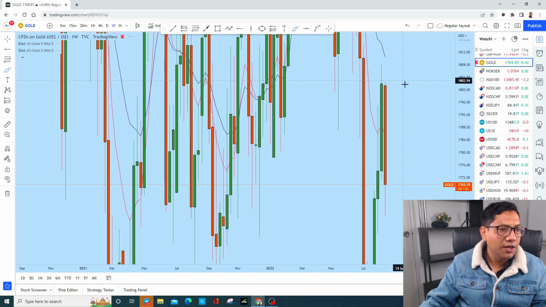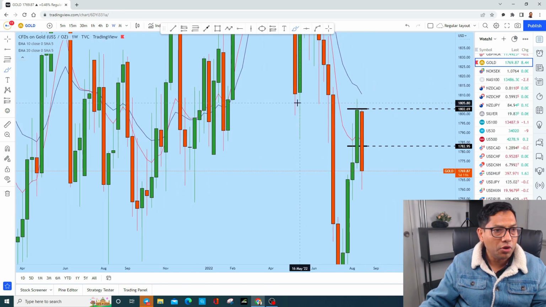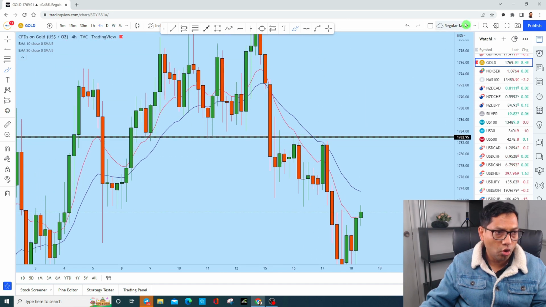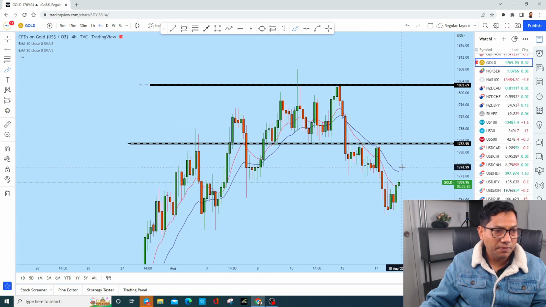If you look at the weekly, this is where the previous weekly support zone turned resistance. On that zone, on the intraday time frame, the price has created this double top formation. That's what we call an order block.